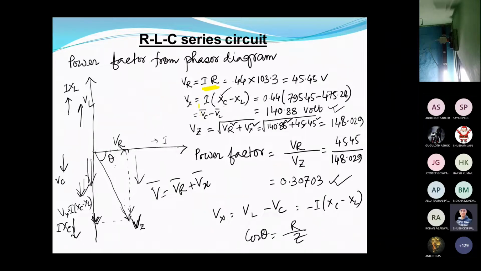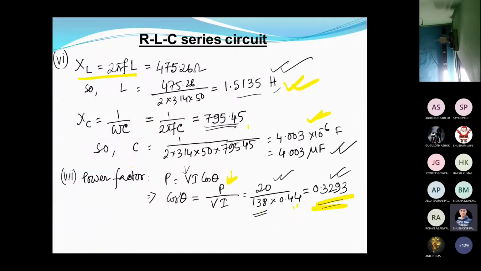Now VX. See, we can calculate VL in this direction, VC in this direction separately. But we know XL minus XC. Here XC is very high. You can see the XC value is 795 and XL is 475. So here XC is very large compared to XL.